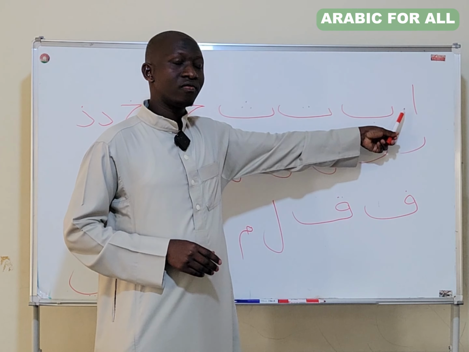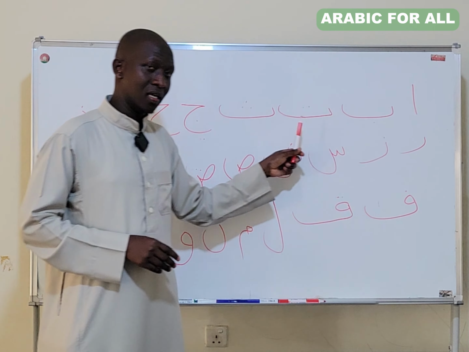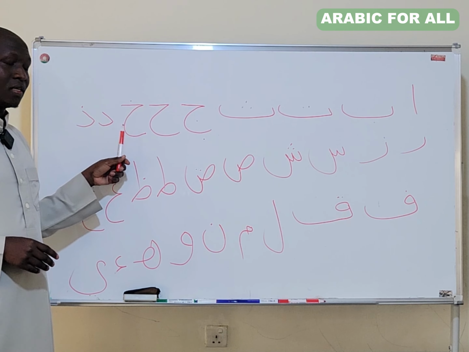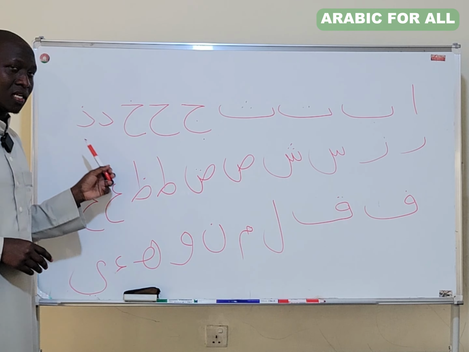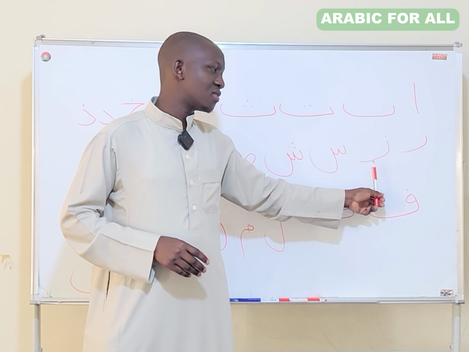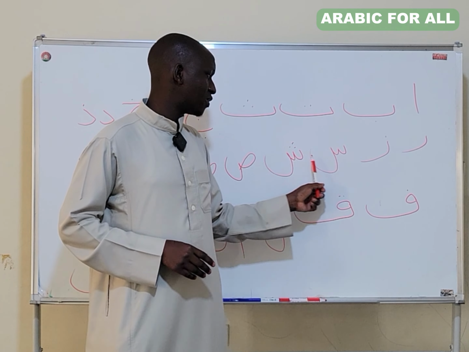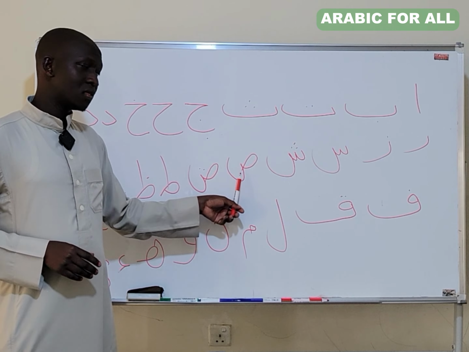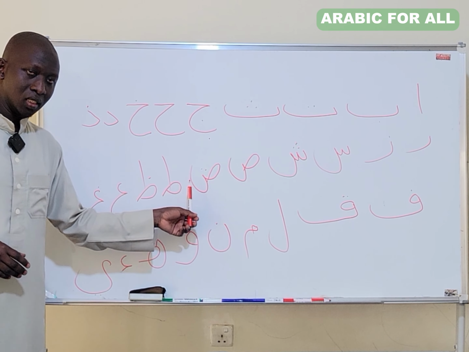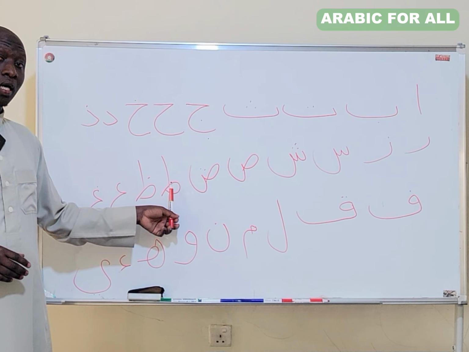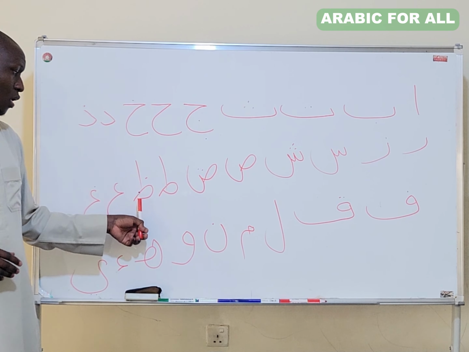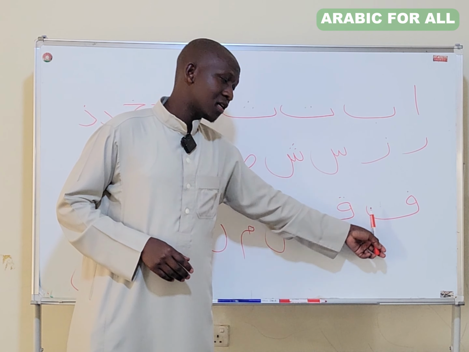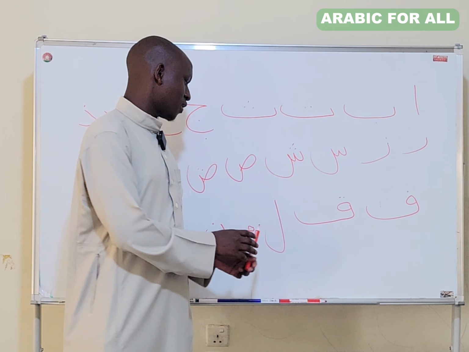We say alif, then ba, and then ta, tha, jim, ha, kha, dal, zal, ra, zai, then sin, shin, sad, dad, ta, za, ayn, ghayn, fa, qaf. We've forgotten one.